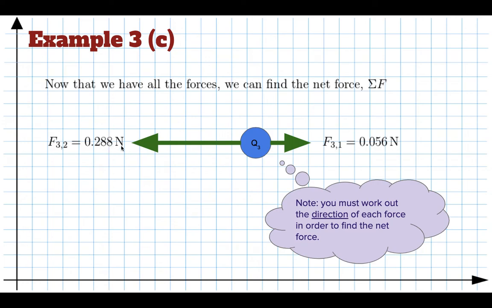So to find the net force, we take the force to the right minus the force to the left, so that's the 0.056 newtons minus the 0.288 newtons. So the difference is 0.231 newtons. And since the difference is heading to the left, we make it negative. And so the net force on Q3 due to the other charges is 0.231 newtons to the left.